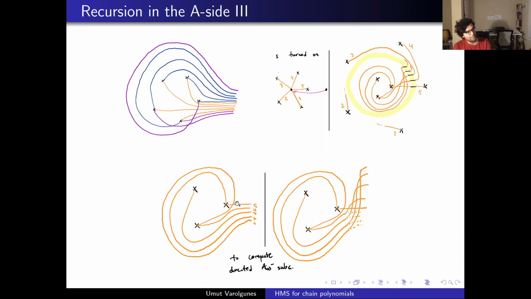Okay, so now I'm acting by the inverse of P, and I'm getting 5, 4, 3, 2, 1. So these are all generated by P inverse. But if I actually wanted to compute the infinity subcategory with these objects, only caring about the things in this order, what I would need to do is to maximally move them.